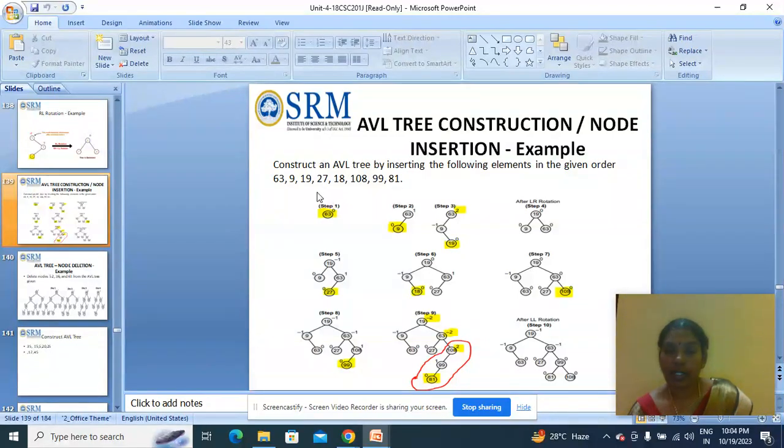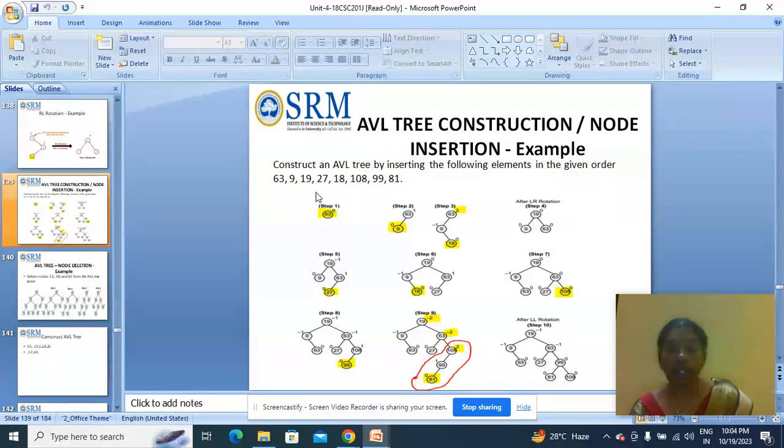Here the insertion is the same as in a binary search tree. The property of a binary search tree is that, for a root node, values lesser than the root node are placed as the left child, and values greater than the root node are placed as the right child. We should maintain this property in every subtree also, on the left-hand side and the right-hand side.